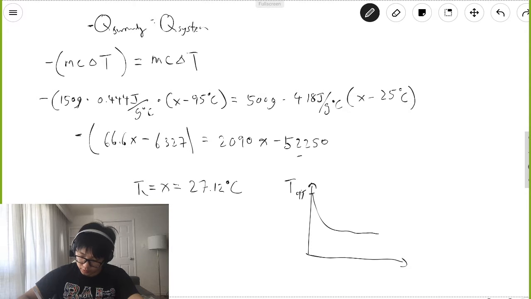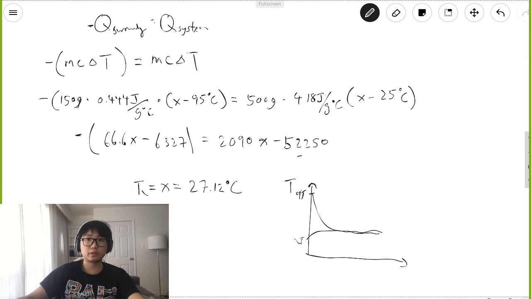Whereas the water started at 25 and didn't really change much, so it probably looks like that in terms of the graph.